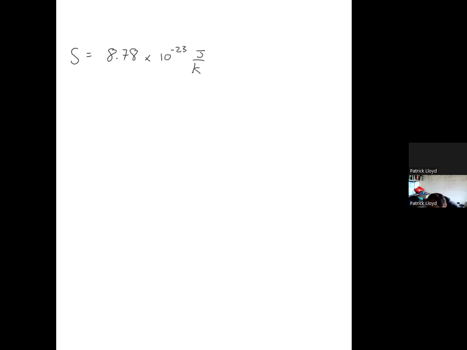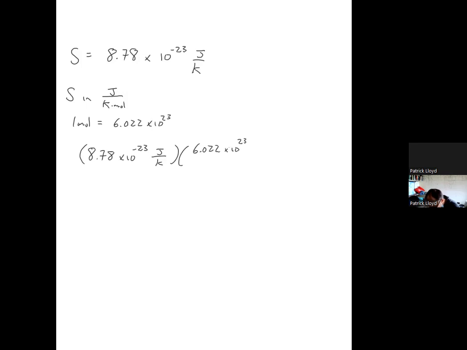But if we were calculating entropy in joules per K mole, so per mole, we would just multiply it by Avogadro's number. 1 mole of any substance is 6.022 times 10 to the 23rd particles, right? So we would just take our 8.78 times 10 to the minus 23 joules per Kelvin, multiply that by 6.022 times 10 to the 23rd per mole.